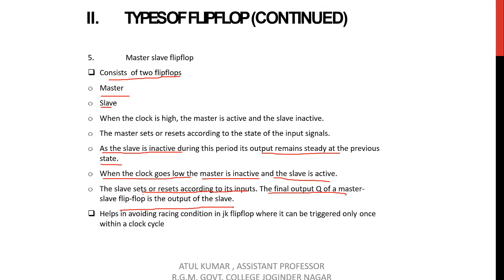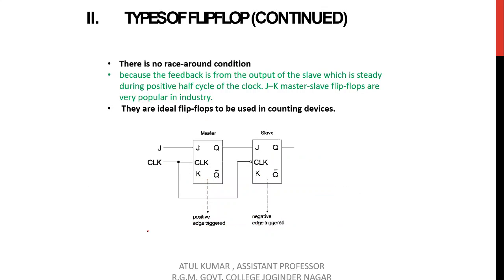And as we have seen, when the clock goes from high to low, the final outcome of the master slave depends upon the output of the slave flip flop. So this kind of flip flop helps in avoiding the race condition in the JK flip flop, as it can be triggered only once within the clock cycle. So there is no race condition in the case of the master slave flip flop.